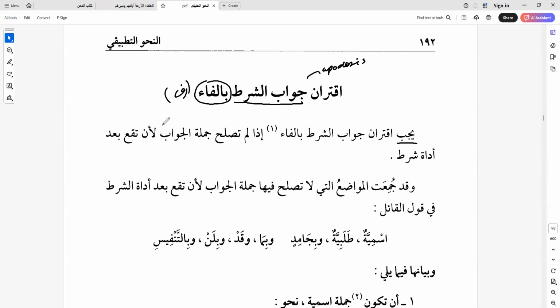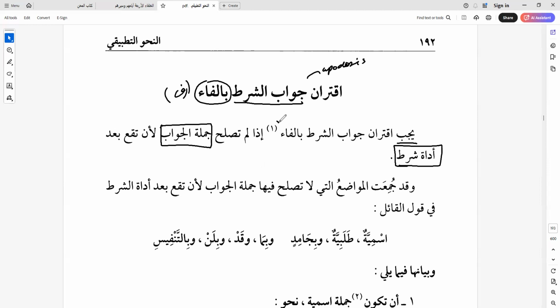Okay, we have جملة الجواب. If it's not appropriate in Arabic for the جملة الجواب to occur right after the أداة الشرط. So here we are saying that this is an instance where the جملة الجواب cannot occur right after the adatu shart. That's the particle of condition.